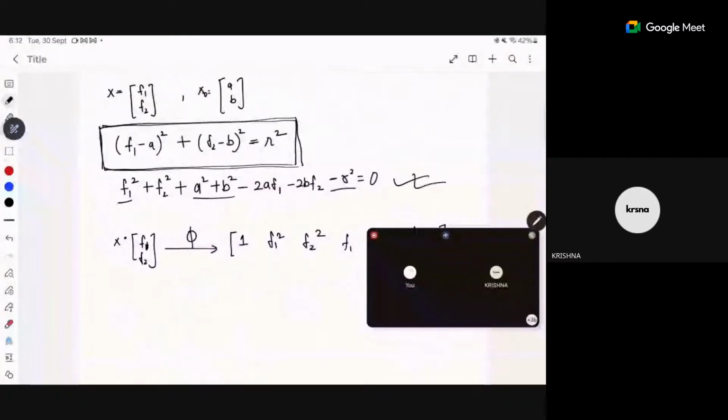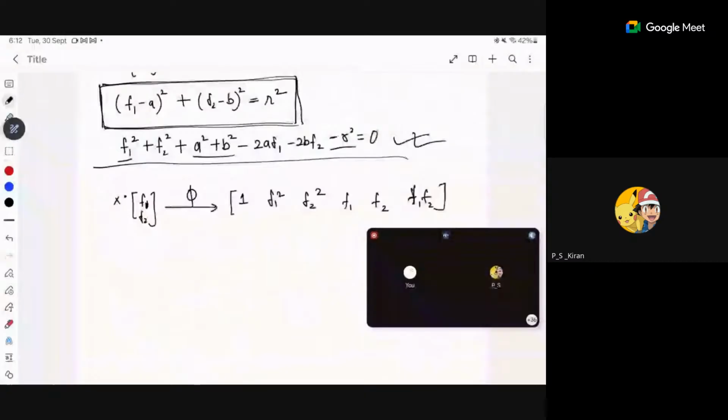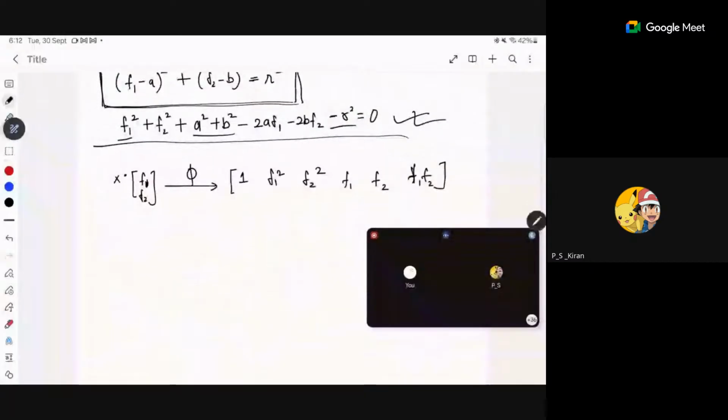Till here it's okay. Now what we are saying is that this part we can write as 1, f1 square, f2 square, f1, f2, f1 f2.